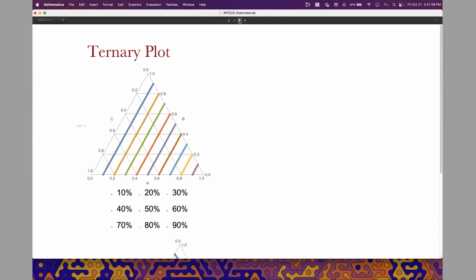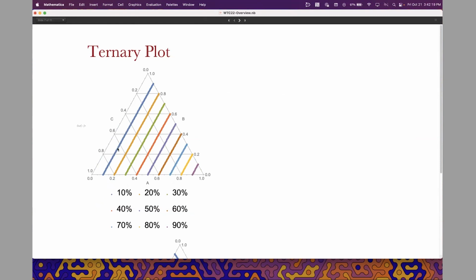And so we'll take a quick look at some of the constant lines that occur in ternary plots. Here we have lines that are parallel to this axis.